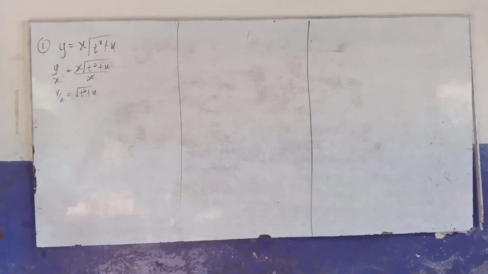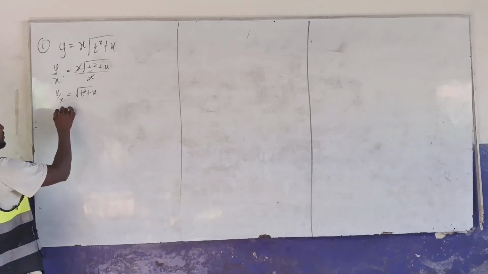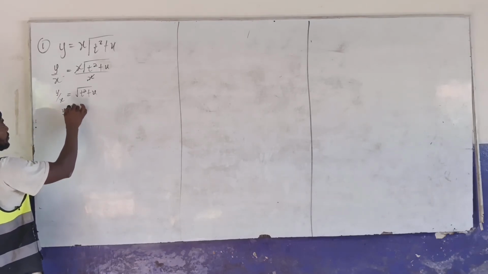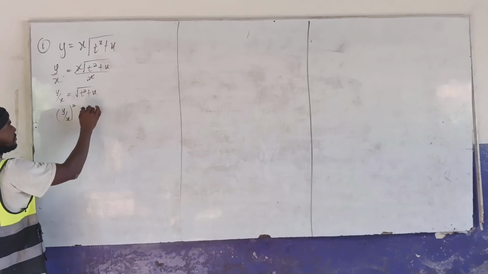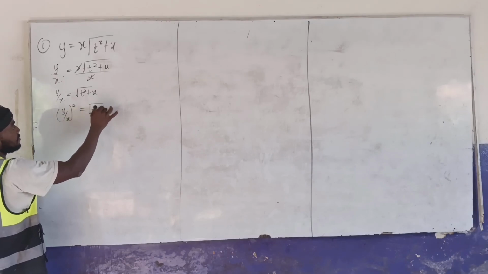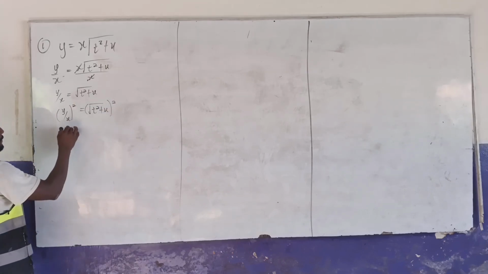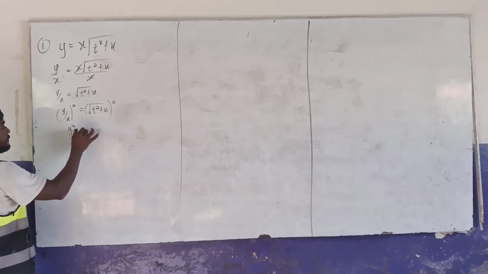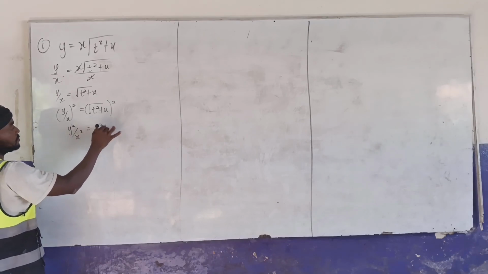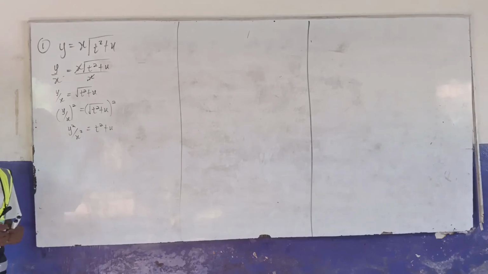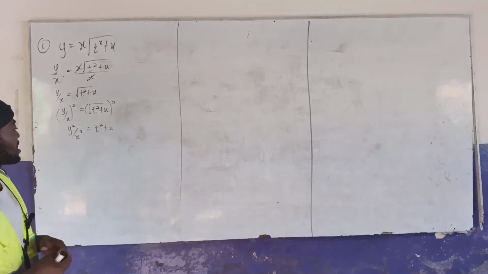Now, at this particular point, because we are interested in making t the subject and it is under the square root, we have to square both sides. After squaring both sides, we have y squared over x squared is equal to t squared plus u.